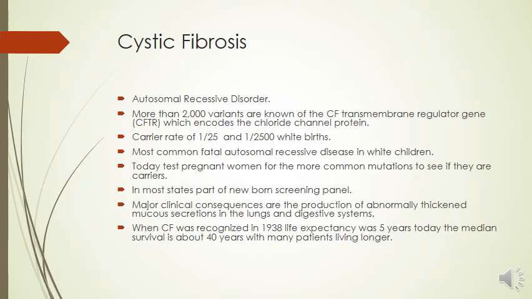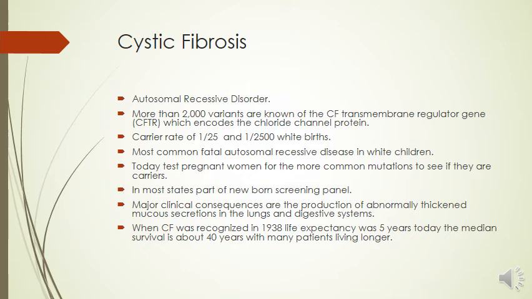Cystic fibrosis is an autosomal recessive disorder. There are more than 2,000 variants currently known of the CF transmembrane regulator gene, CFTR, which encodes the chloride channel protein. The carrier rate of 1 out of 25 is found in the white population, and 1 out of 2,500 white births results in cystic fibrosis.